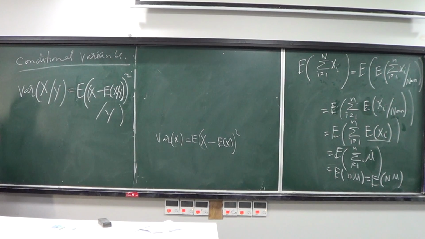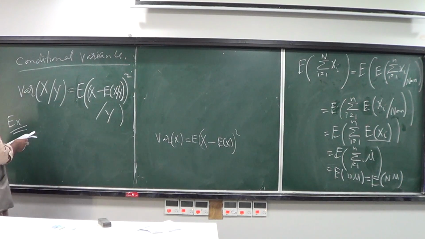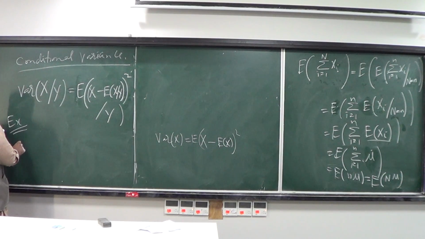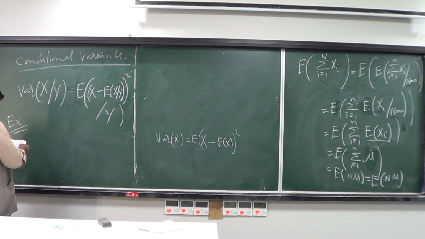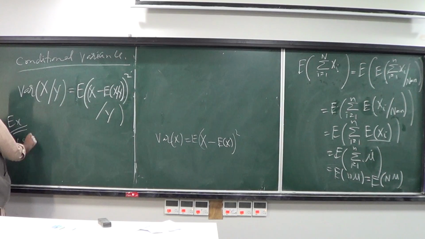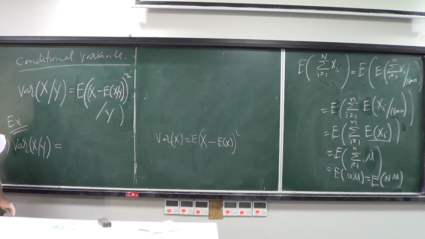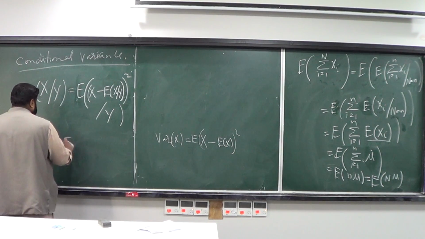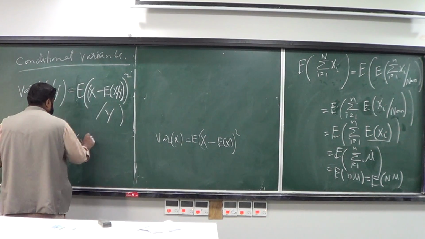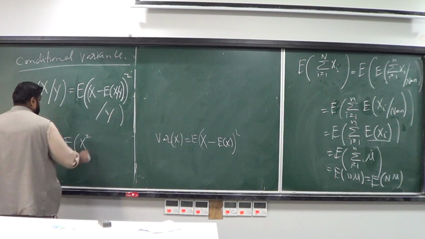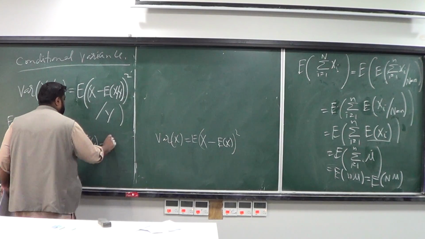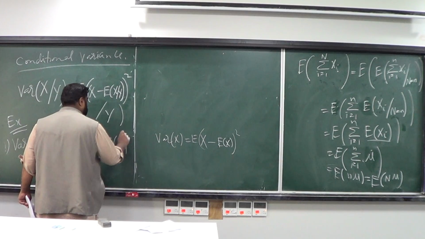Now, one little exercise for you is to show that the variance of x given y is the expectation of x squared given y minus the square of the expectation of x given y.